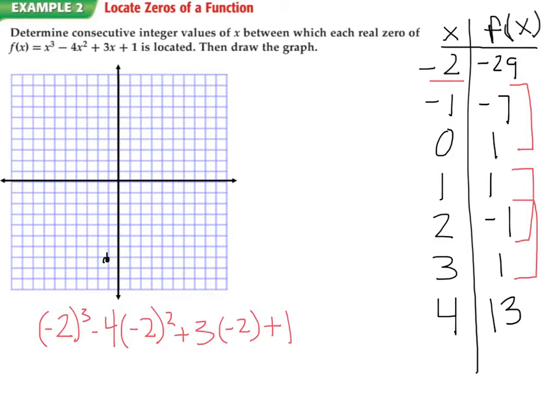And then we have 0, 1 we can graph. And then we have 1, 1 we can graph. And then we have 2, negative 1 we can graph, and 3, 1, and 4, 13, which is also going to be off of our graph somewhere up in this area.